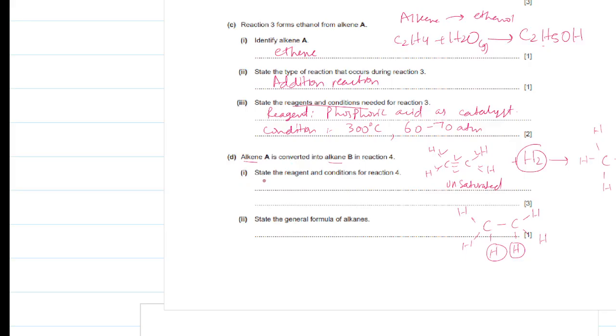It is the high temperature, that is the condition, and the reagent that is used is H2 molecule, that is hydrogen molecule. Okay, so the temperature is the condition, and it is a reagent.